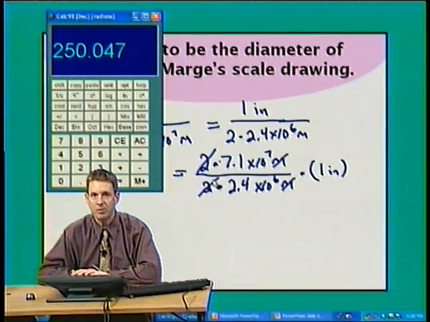Now, when I was preparing this lesson, I looked at several different calculators to see how scientific notation works, and I noticed that if I picked up 8 different calculators at random, chances are they did scientific notation 8 different ways. So all I can do is show you how scientific notation works on the calculator that I'm working with.